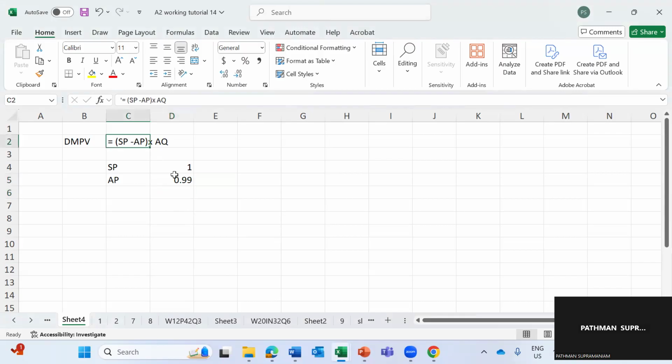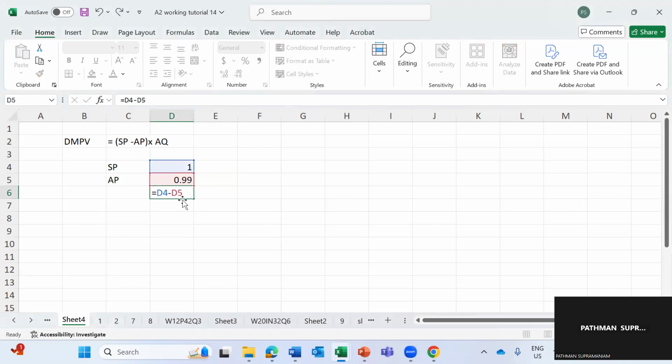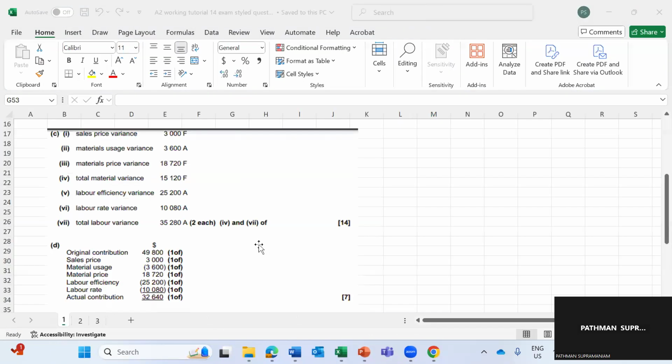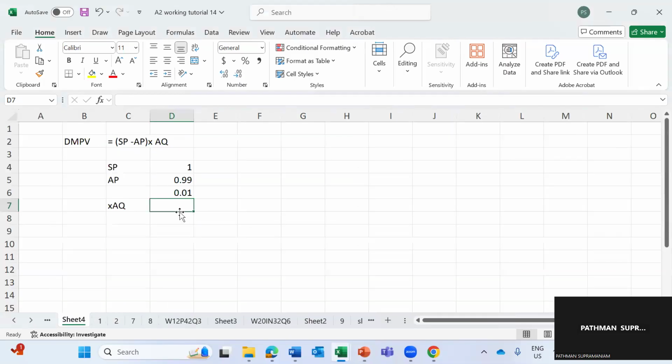Okay, so the formula is standard price minus actual price, which is 0.01. So you need to now times actual quantity. So actual quantity means the actual quantity purchase, which is 5,100.